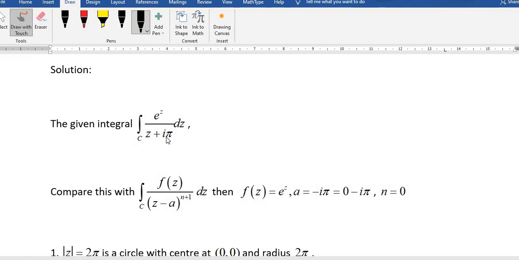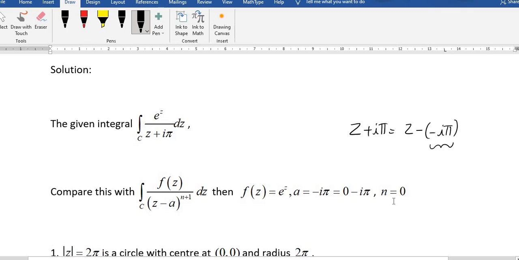This z plus I pi can be written as z minus of minus I pi. So a equal to minus I pi. Minus I pi can be written as 0 minus I pi. And also n equal to 0.